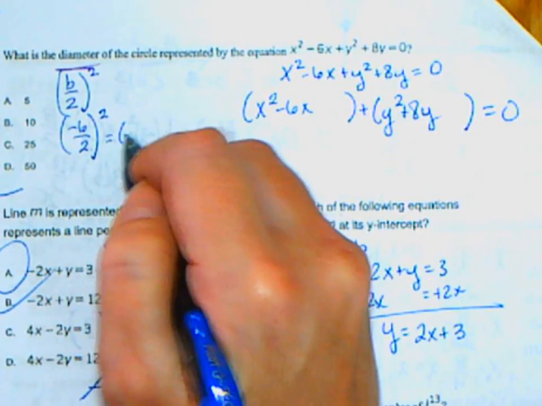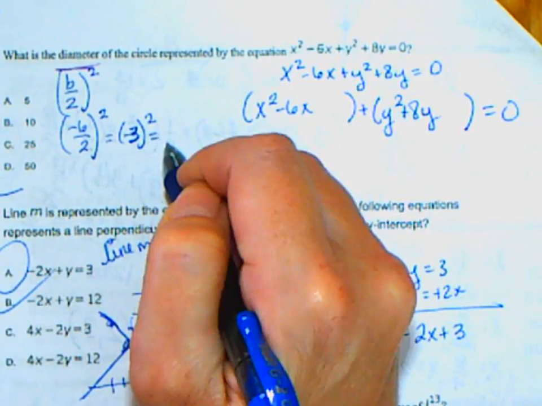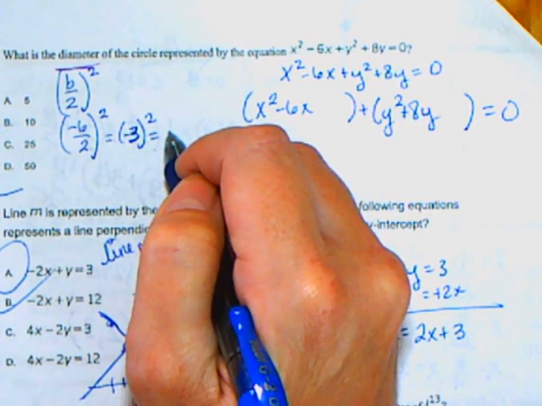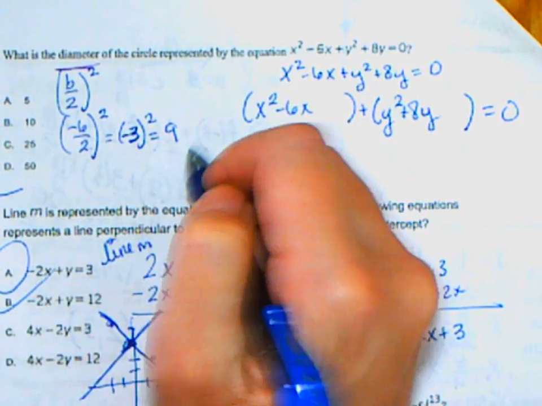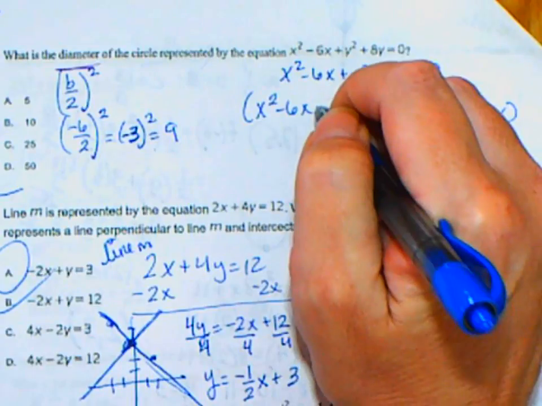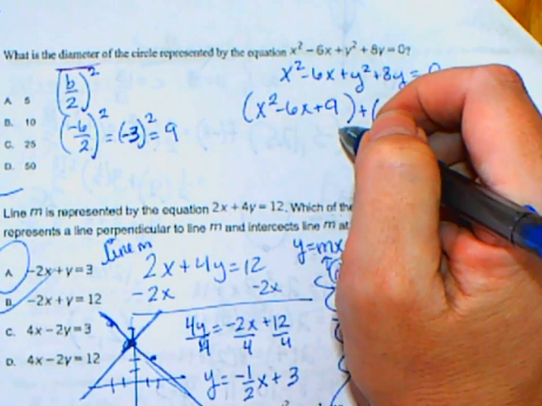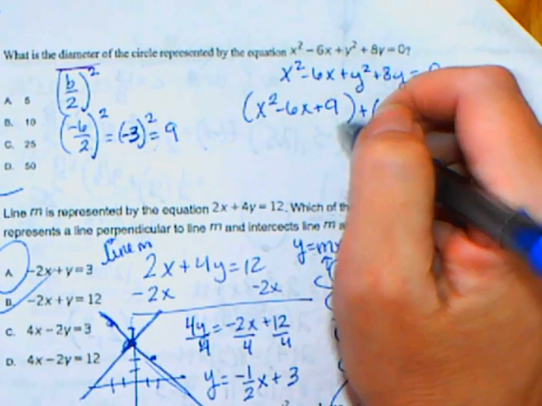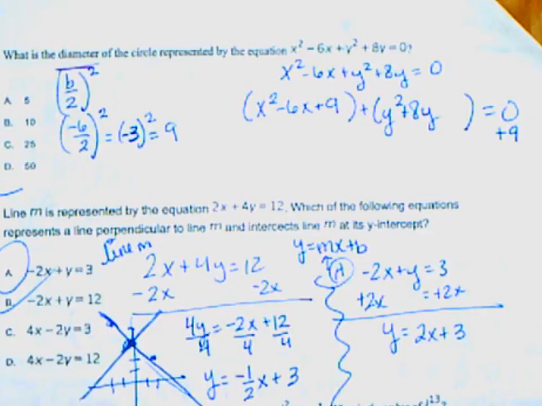So that's negative 3, quantity squared, which is what? 9. It's positive because the negative times the negative is positive. When you're making a perfect square trinomial, that constant is always positive. If you put a minus on there, you do not make a perfect square trinomial. So don't forget to also add it to the other side of the equation.